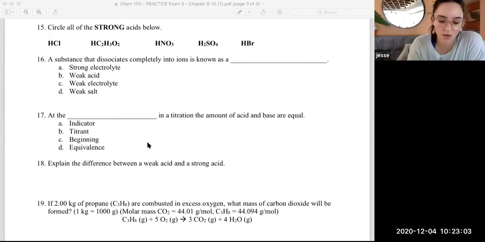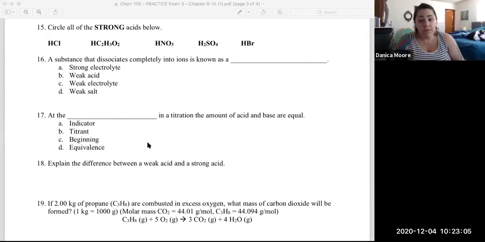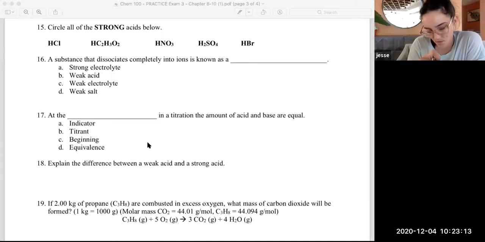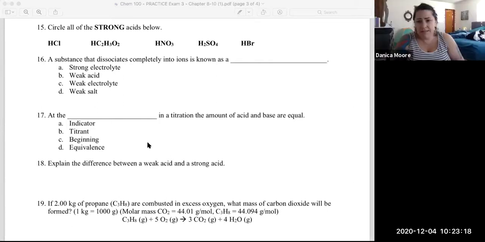A precipitate is something that's formed in a chemical reaction. In this case, we're not forming anything new. We just have solid that won't dissolve. Does that make sense, guys? Cool. Questions?